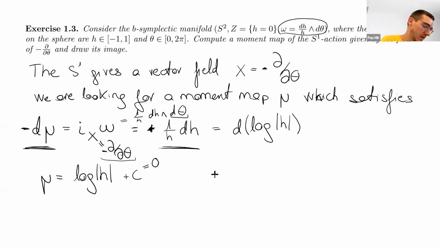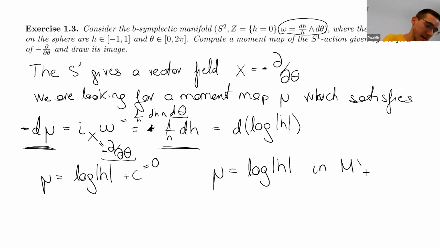Essentially we conclude that the moment map of this action, a Lie group acting on a B-symplectic manifold, is not smooth at 0, but if we consider it in all the manifold except for the singular surface, so in M minus Z, we have a proper moment map here.